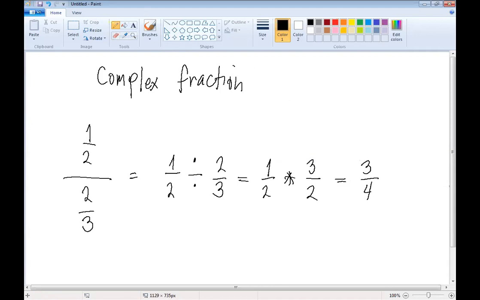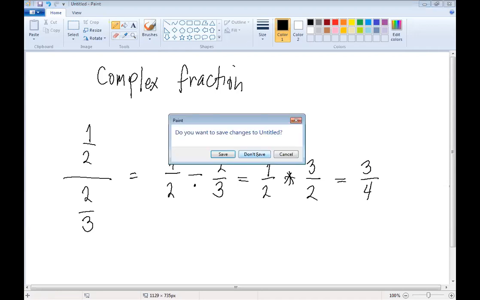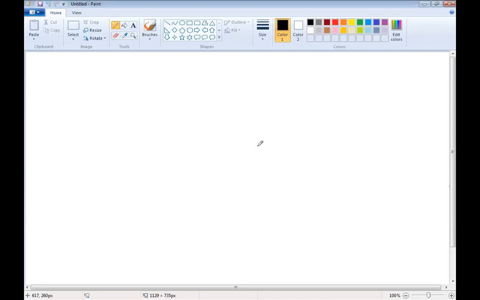For example, let's involve equations now. You need to simplify 2x cubed over y squared divided by 4x over y to the power of 5.